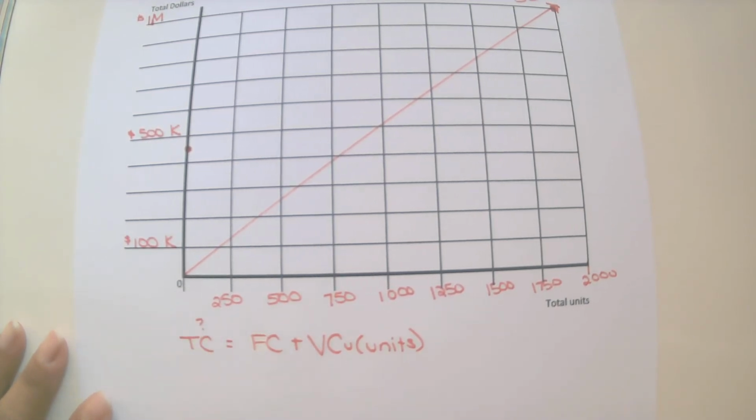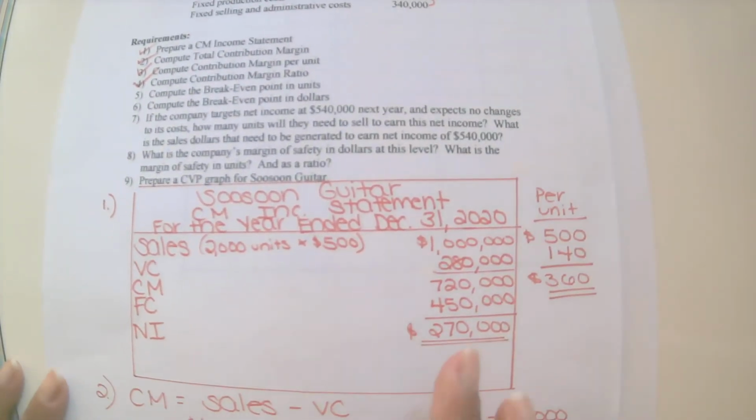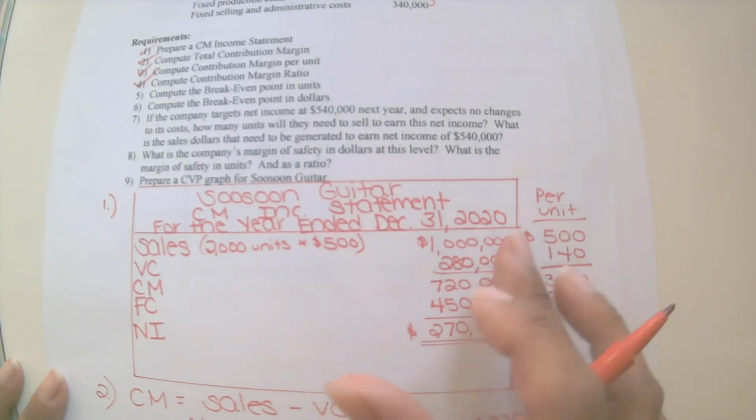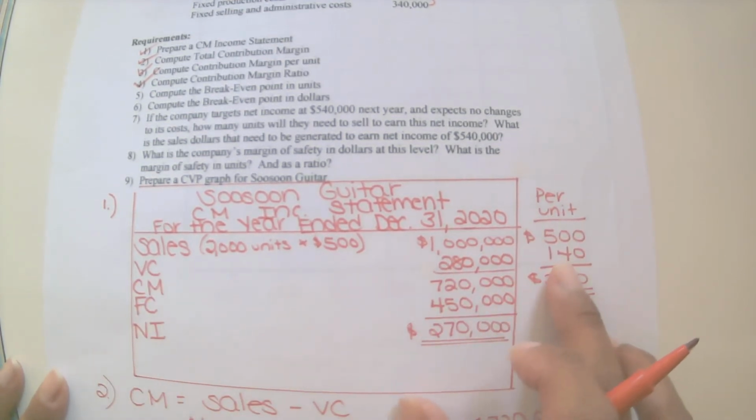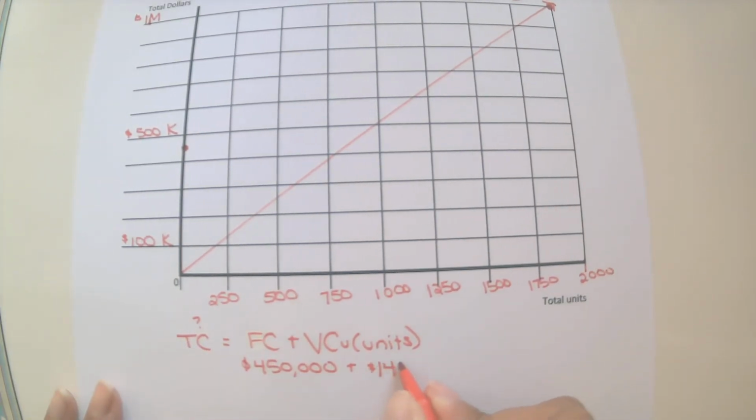This is our unknown. Fixed cost, we know it was 450,000. Variable cost per unit. Let's go back. This is why, again, I always put that per unit column off to the side for the CM income statement, because I know it's going to come in handy. So our variable cost per unit, 140. 140 times the number of units.